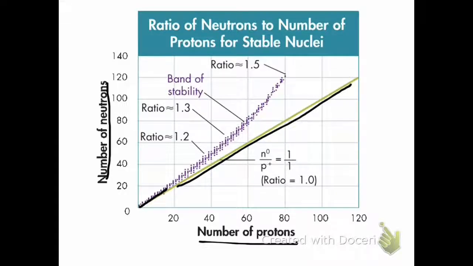But what we start to see is that for an element to be stable, it starts to need more and more neutrons, which kind of act like a buffer for those protons that are trying to repel each other. And eventually we've got as many as 1.5 neutrons for every proton. And right around 80, like I was saying, we start to hit completely unstable atoms, where while those atoms exist, none of them have stable nuclei configurations.